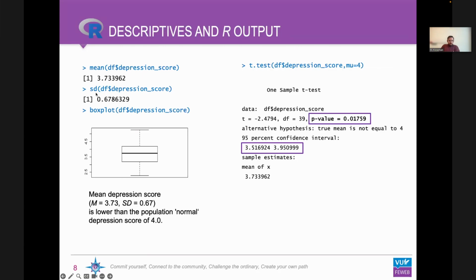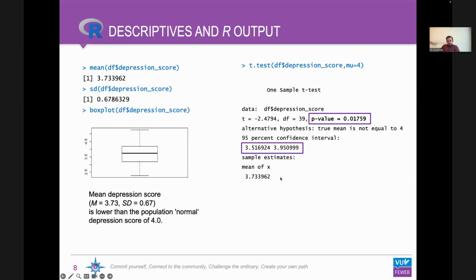And then we can also look at the standard deviation to see how variable this depression score is in our measurements. And here in this box plot, you can also see that there's variability around the median of these depression scores.